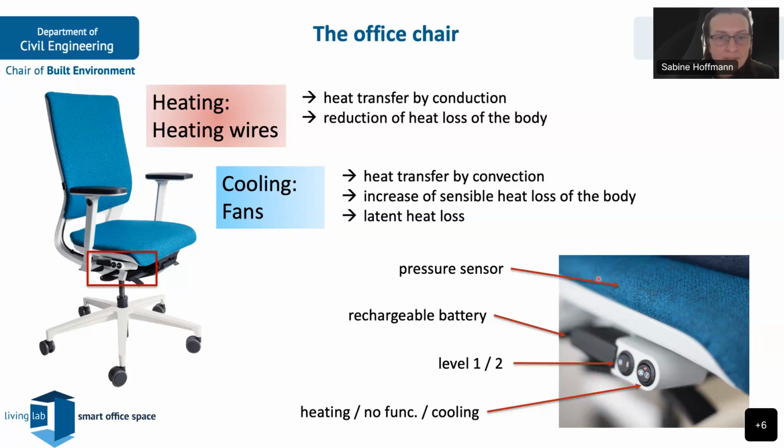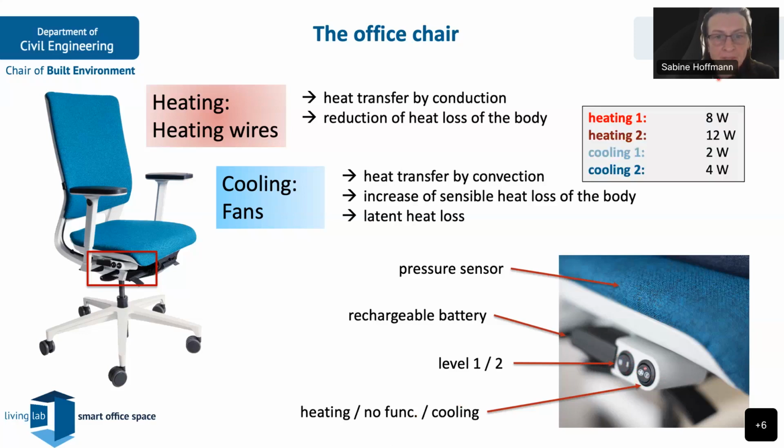There's a pressure sensor integrated in the chair, so when you get up, every function will be switched off. Let's look at the energy or power. It's very energy efficient, ranging from 2 watts for cooling in level 1 up to 12 watts for heating in level 2.